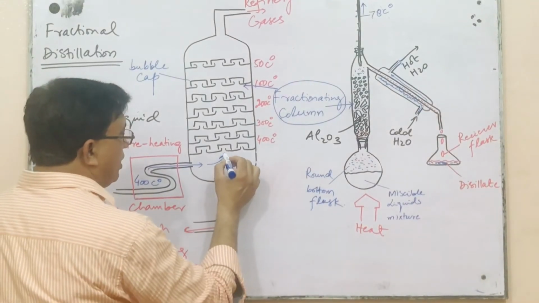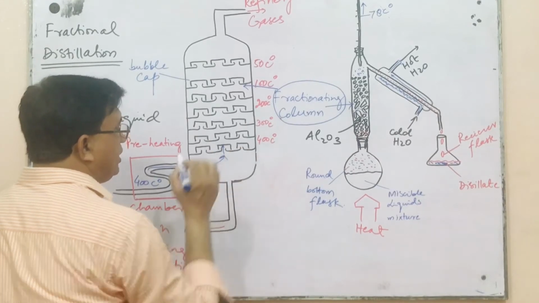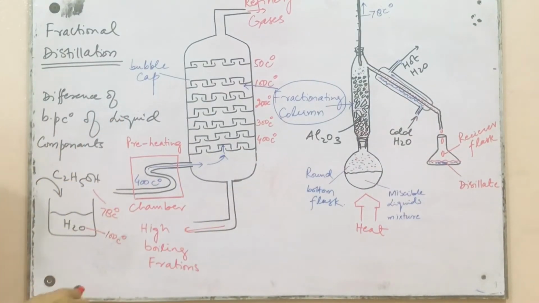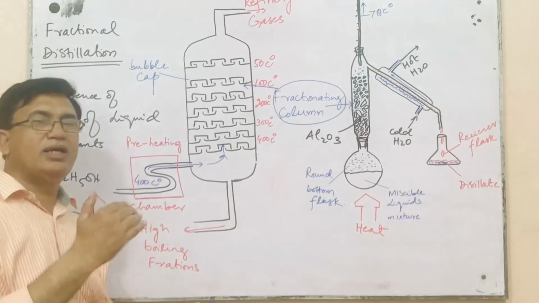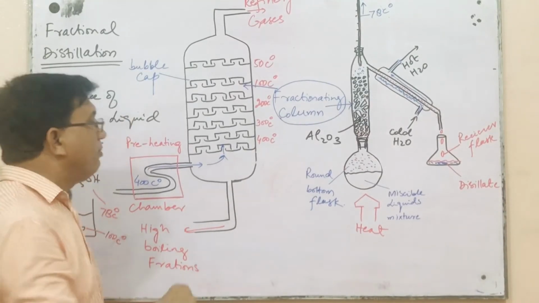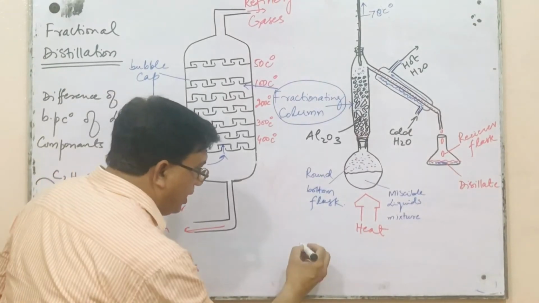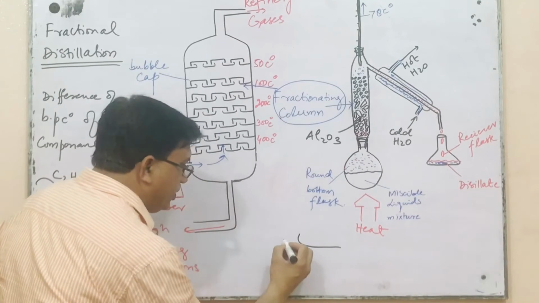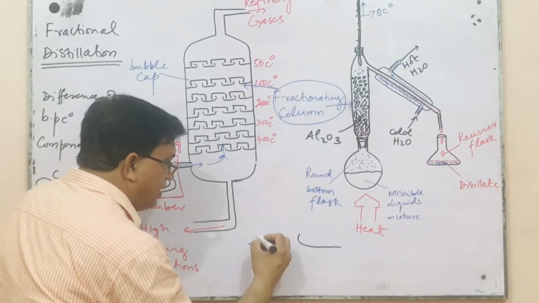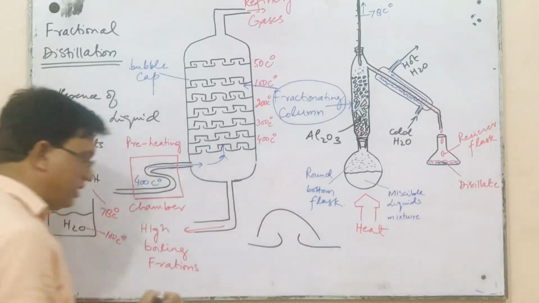These vapors will rise and strike these bubble caps. If the boiling point of the component is high, definitely it will condense quite easily. Whenever it condenses easily, for example, I am going to explain here. Say, this is the shape of a bubble cap.